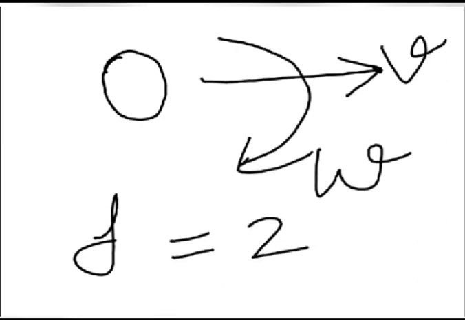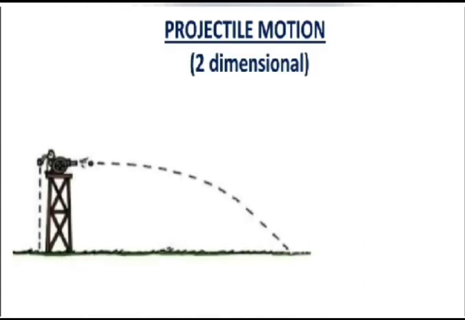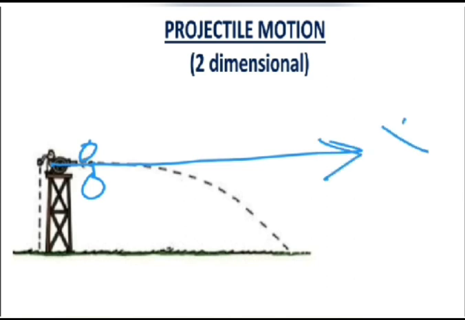Okay, now let us take one more example to make it more clear. Let us consider an object, say a diatomic molecule, and it is allowed to undergo projectile motion. That means it has been provided with an initial velocity whereby it will move along the x-axis to a certain extent, and then under the force of gravity it will move towards the ground, that is, it will move across the y-axis.